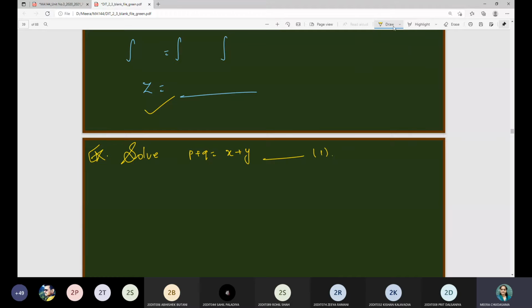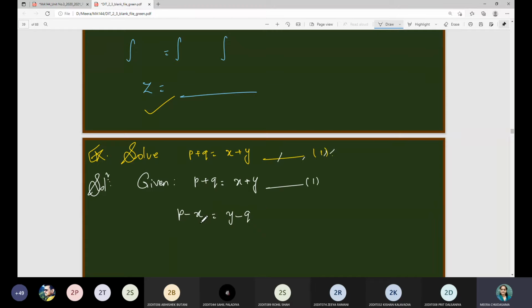First of all, you have to separate this expression. If you separate it, p should come with x, and q with y. So first I write the given p plus q equal to x plus y, equation 1. Then p minus x is equal to y minus q, from 1.